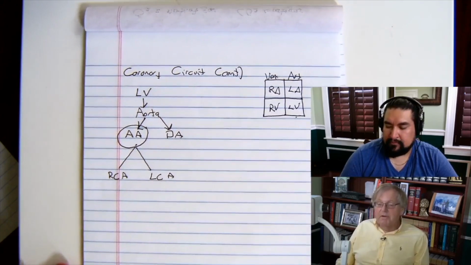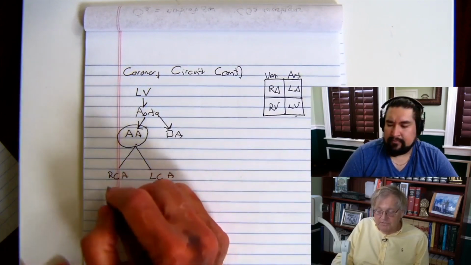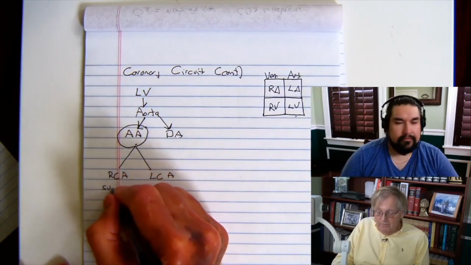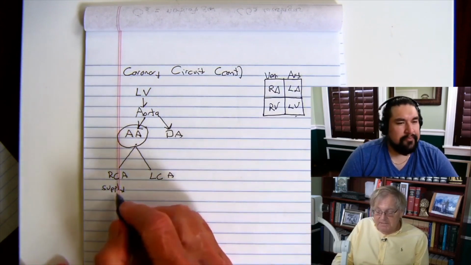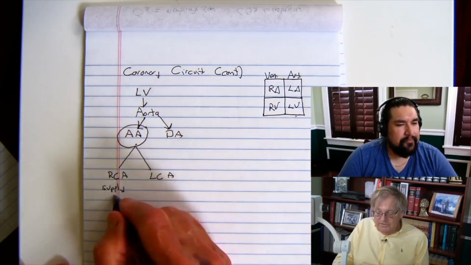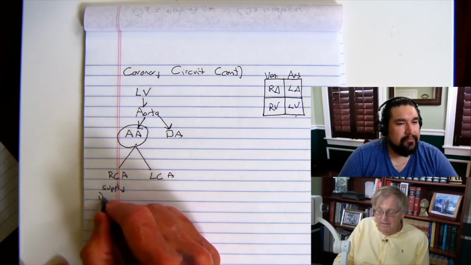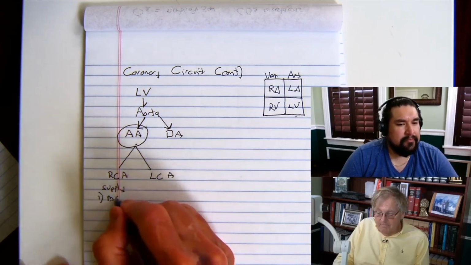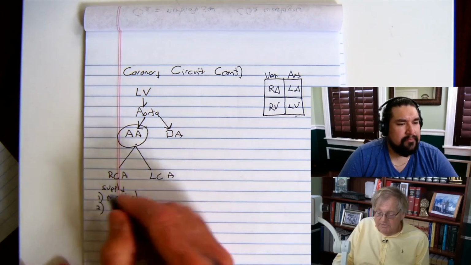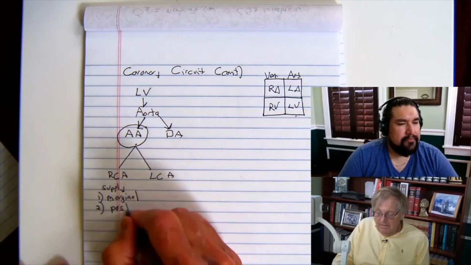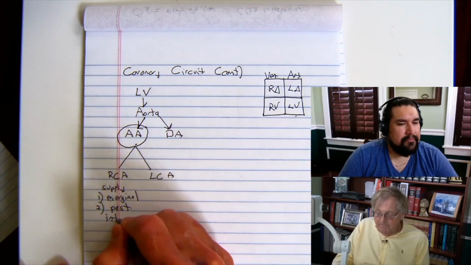The right coronary artery is going to supply the right side of the heart, of course, and it's going to do that by splitting off into two branches. It's going to branch off into the marginal artery and the posterior interventricular.